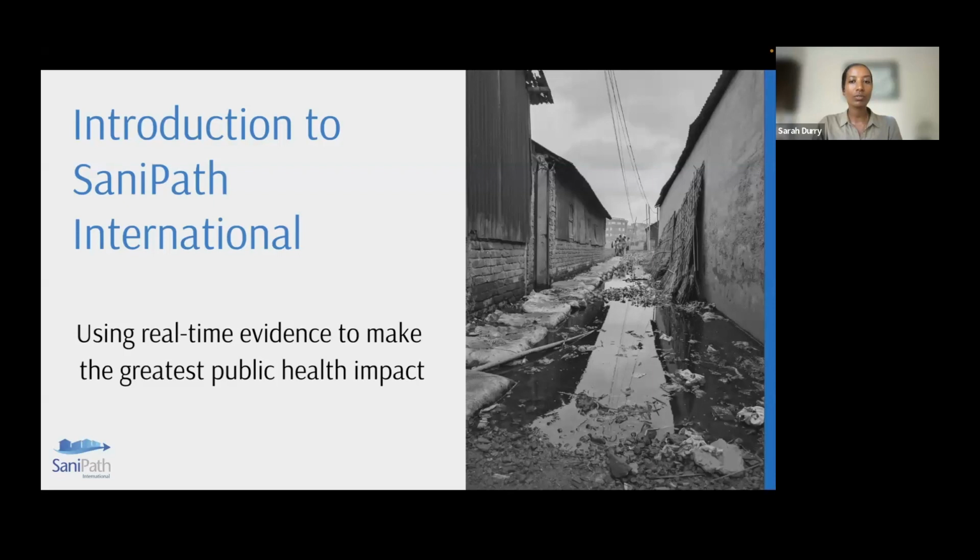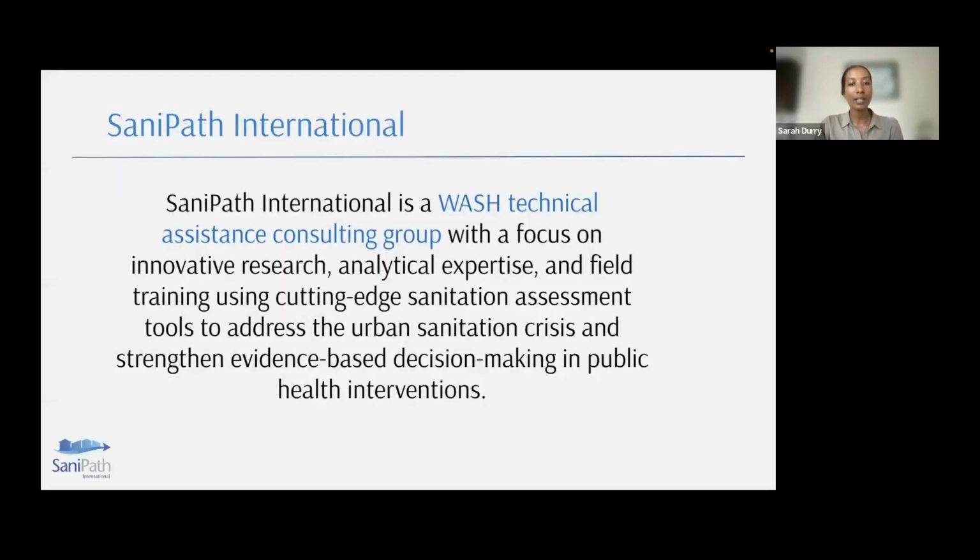SaniPath International, as I stated, is a WASH technical consulting group to address the urban sanitation crisis and strengthen evidence-based decision-making and public health interventions. We acknowledge the critical role of data in guiding effective interventions and public health policies.